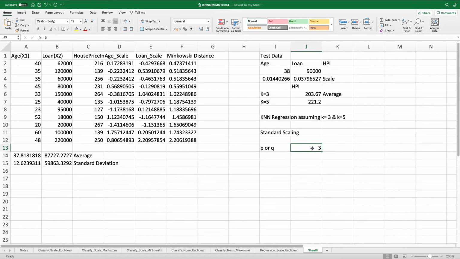If you take 4, will it change? No, not much of a change. So regress underscore scale underscore Minkowski.